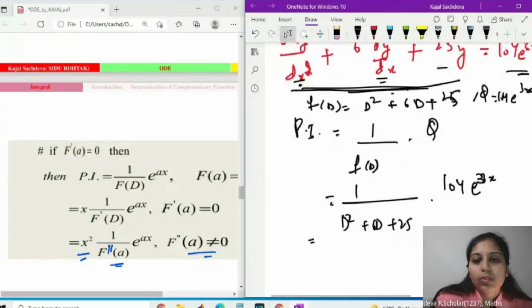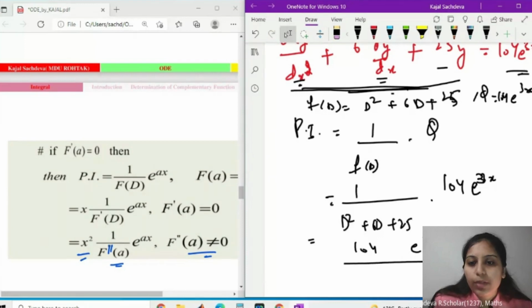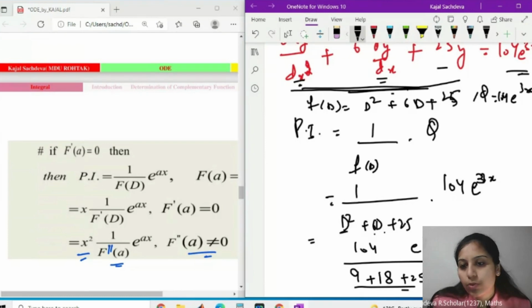So we have 104 e^(3x) over f(3). When we replace D by 3, we get 9 + 18 + 25, which sums to 27 + 25, that is 52.